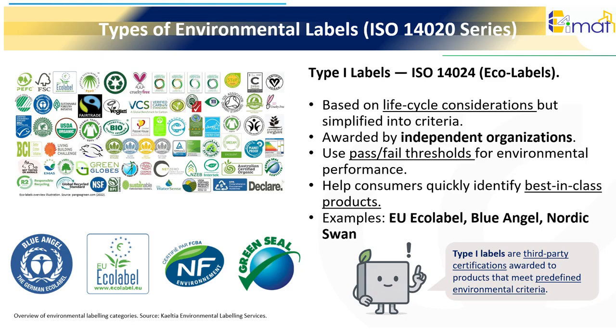These programs are managed by independent organizations such as the EU Eco-Label, Blue Angel, and Nordic Swan, and they consider environmental impacts from a lifecycle perspective, although they do not publish full numerical LCA results. Type 1 labels are very effective for consumer communication because they provide a clear and easy-to-interpret signal of environmental quality. However, for detailed LCA work, we usually need more granular data, which brings us to Type 3 labels.